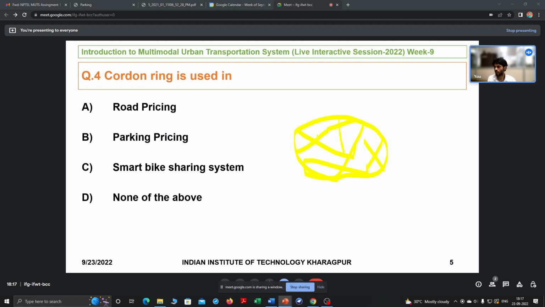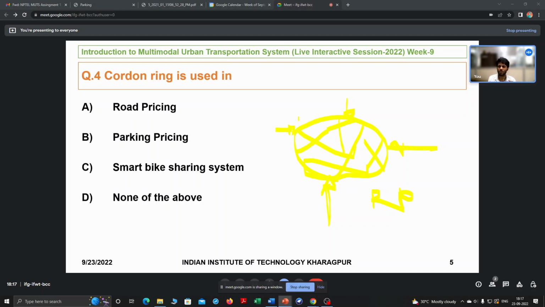Now if you enter into the area from any side, maybe it is connected to different roads, we will start charging. So road pricing will start, right? So if you just hypothetically decide, okay, this is my cordon ring.